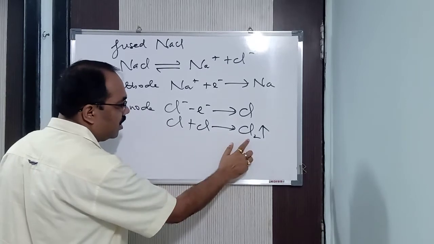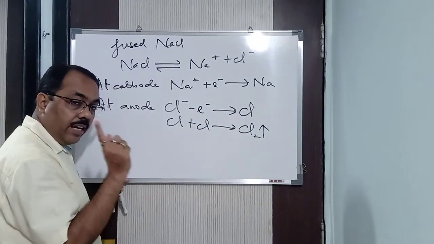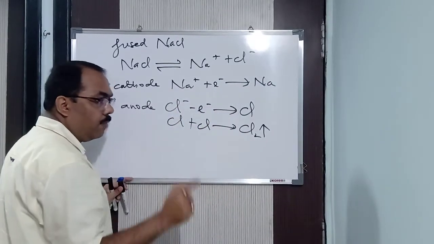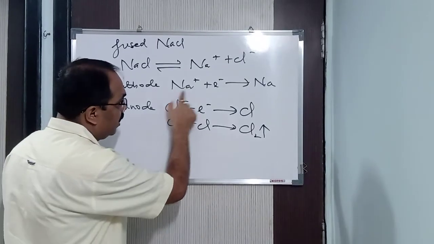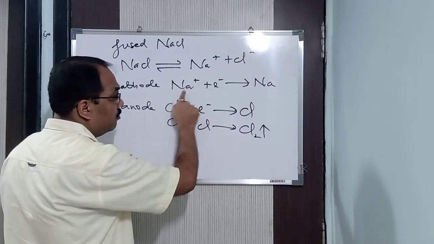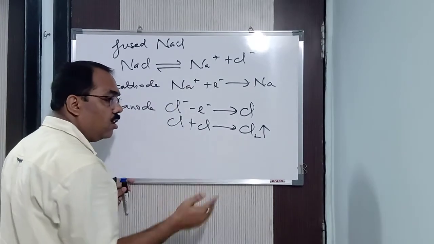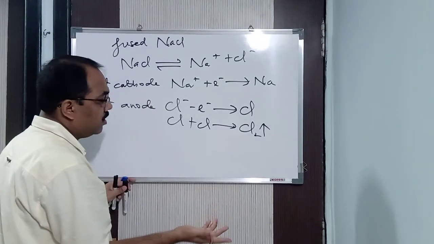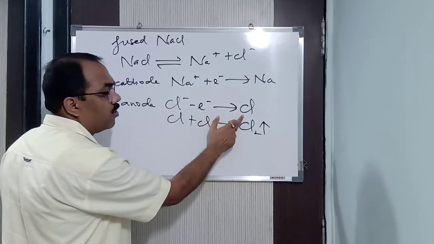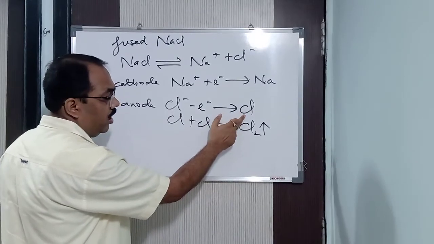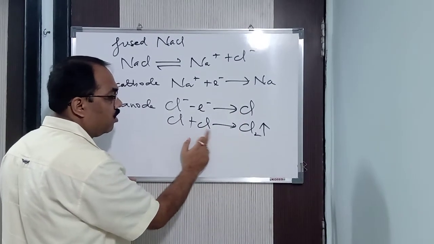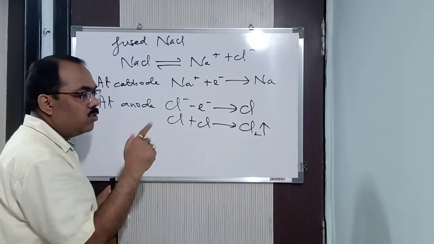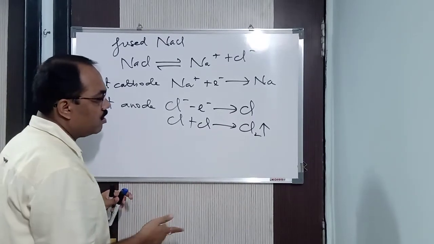This change is called a secondary change. As you can see, chlorine is not obtained as it is because the chlorine atom is not stable, so it further combines with another chlorine atom to form a chlorine molecule. In this way we have two changes when electrolysis takes place: the primary change and the secondary change.